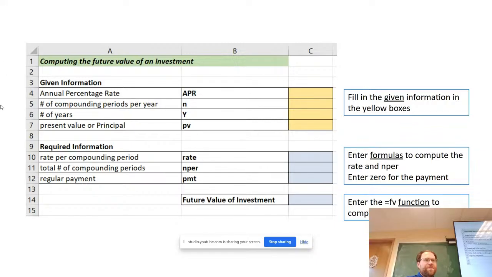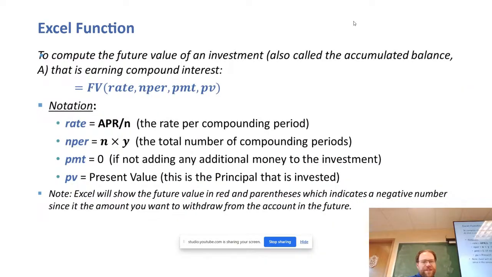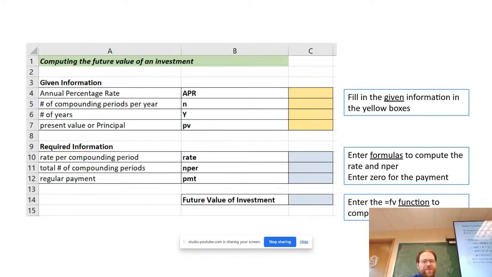They give you a little spreadsheet here that you'd be able to use for that general formula there on the previous slide. But if you fill in all of the information in the yellow boxes, you can do formulas in Excel.